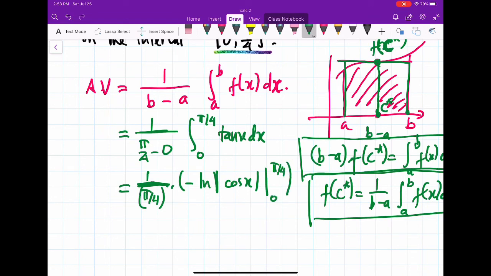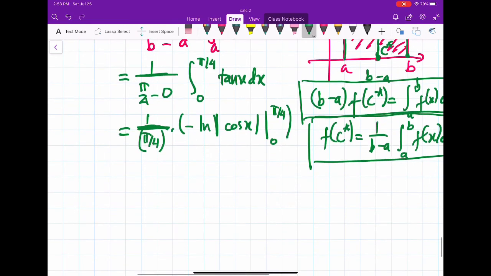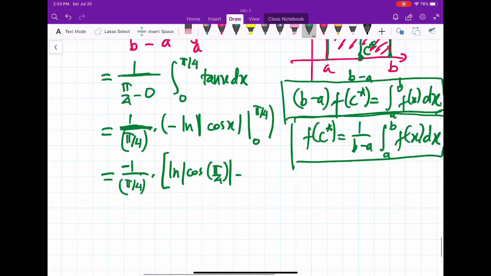That's it. So I plug pi over 4 and 0 into this function. I get 1 over pi over 4, times negative 1, and ln of the absolute value of cosine of pi over 4 minus ln of the absolute value of cosine of 0.